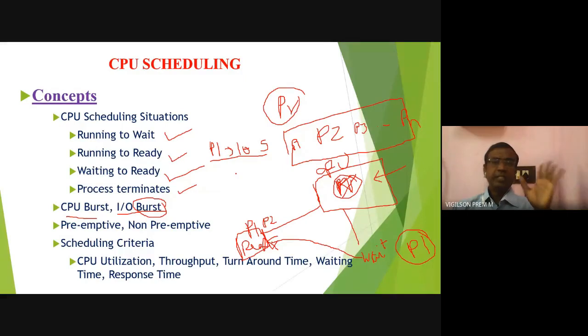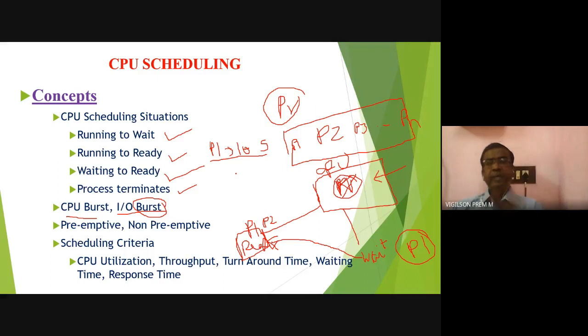Like that IO burst also: the time required by the process to be spent in either input or output. Able to understand? CPU burst and IO burst.